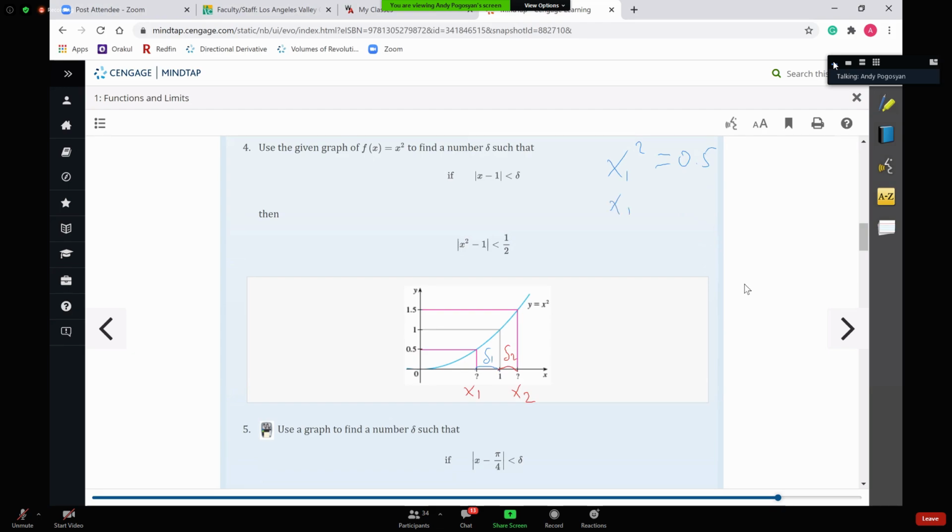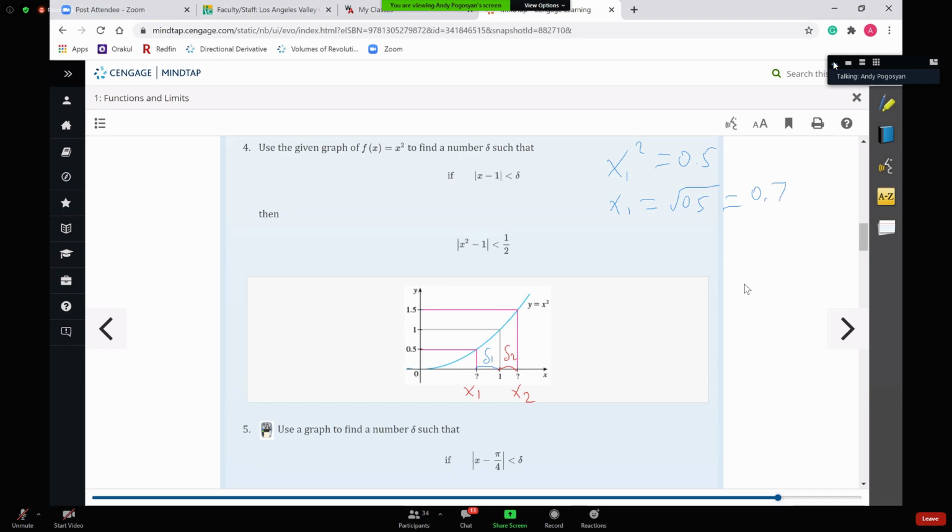So x1, we choose the positive square root of 0.5, which is approximately 0.707.